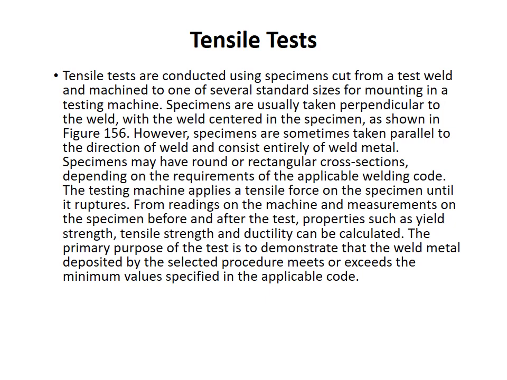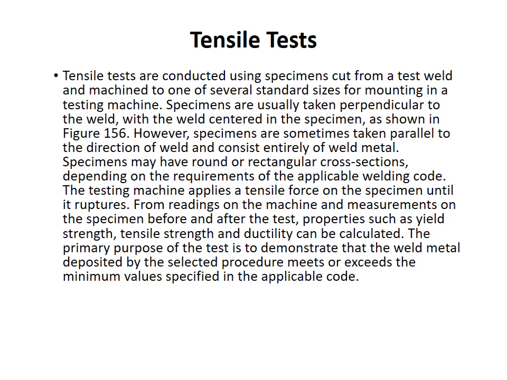Tensile tests. Tensile tests are conducted using specimens cut from a test weld and machined to one of several standard sizes for mounting in a testing machine. Specimens are usually taken perpendicular to the weld, with the weld centered in the specimen as shown in figure 15-6. However, specimens are sometimes taken parallel to the direction of the weld and consist entirely of weld metal.